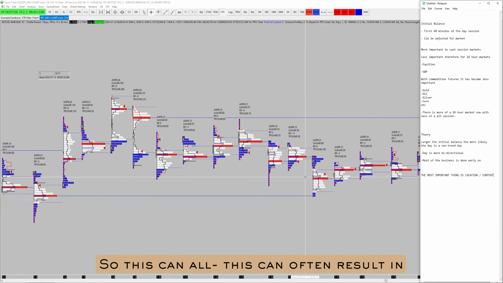So this can often result in a day that has a very large initial balance and ends up being an imbalanced day and results in a trend, in trend continuation or an impulsive move, rather than a bidirectional day with more two-way trade and back and forth activity that's balanced out, okay?